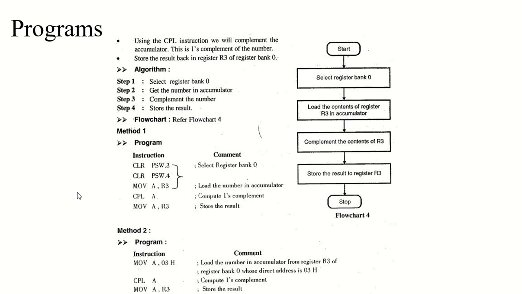Then after finding it, you again have to convert it into hexadecimal. But because we have the direct command for it, we don't have to do all this, but in the manual case you have to do it. So, just getting familiar with ones complement.